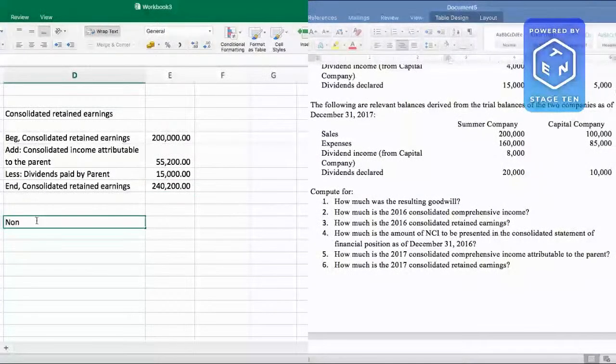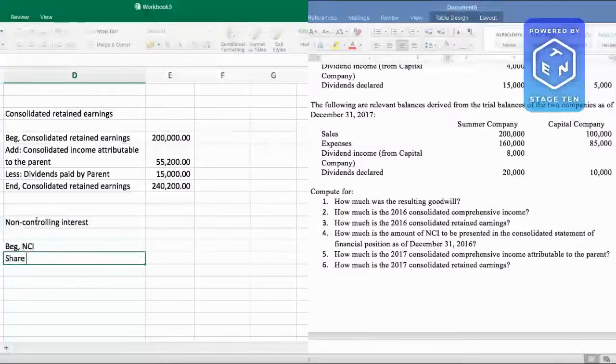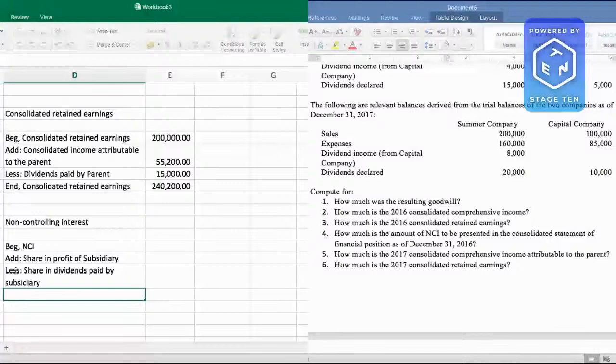So non-controlling interest: beginning NCI, plus share in profit of subsidiary, less share in dividends paid by subsidiary. Then you will have your ending NCI.